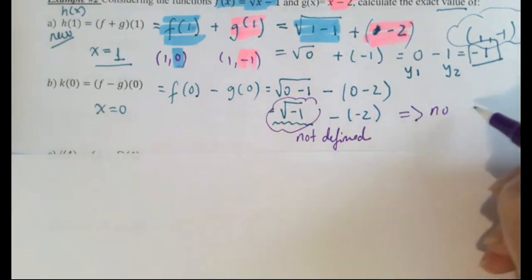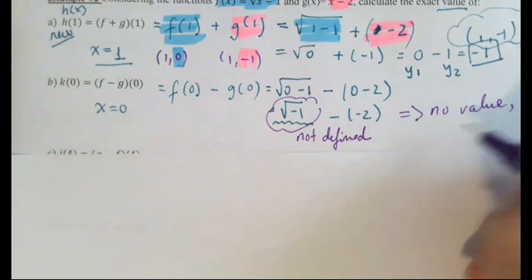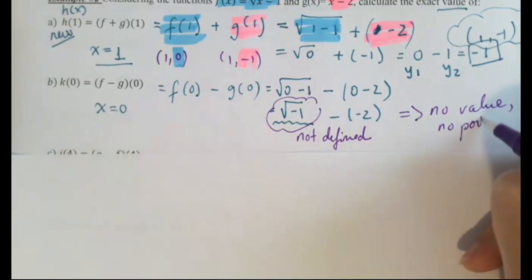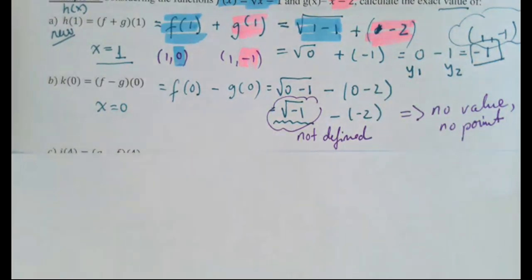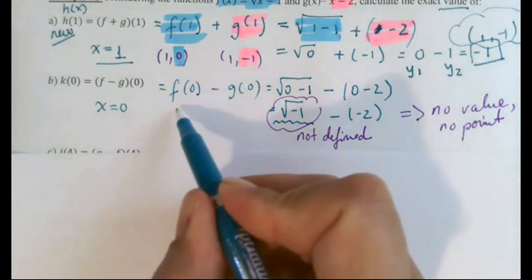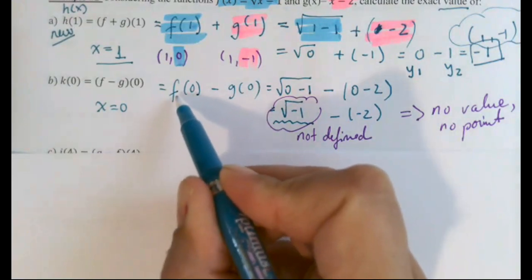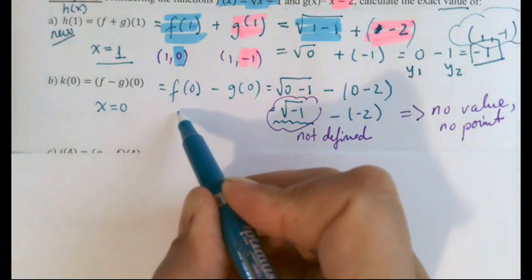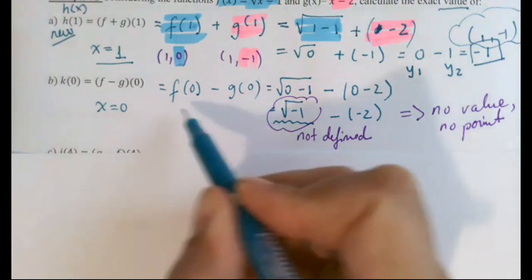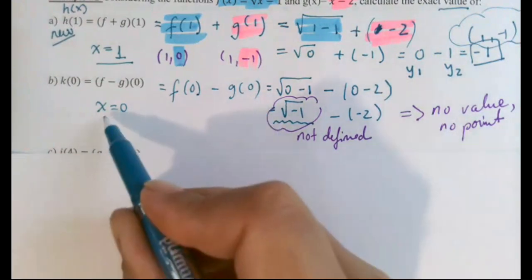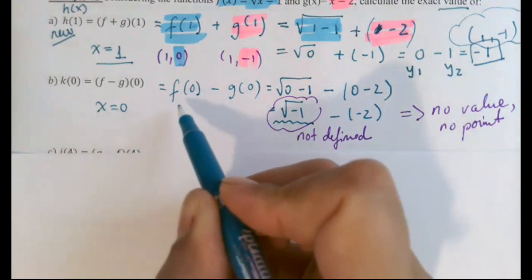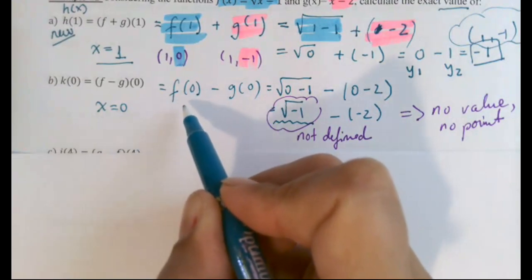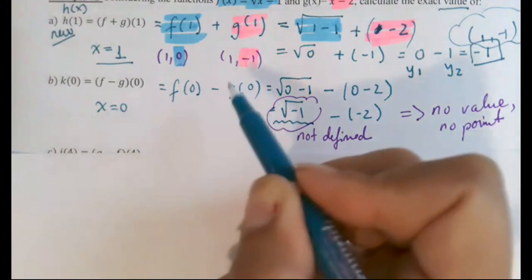So no value, no point on the graph. Because for f at 0, you don't have a point for that function. So there's no point to actually work with that has x equals 0. Or in other words, the value 0 is not part of the domain of the function f. So you can't work with it.